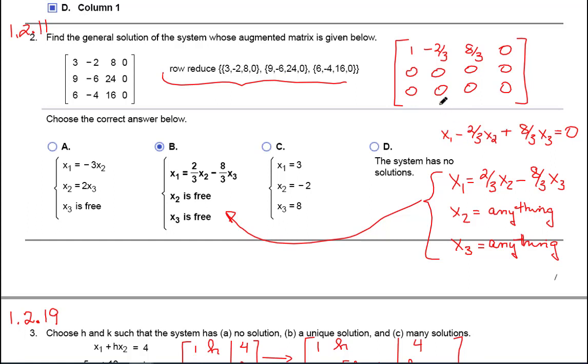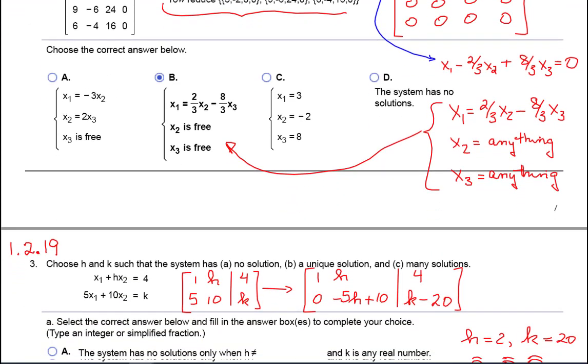So if I go from this back to my x's, and then isolate x1, I get 2/3 x2 minus 8/3 x3. So we get an infinite number of solutions, and they depend upon the values of x2 and x3.